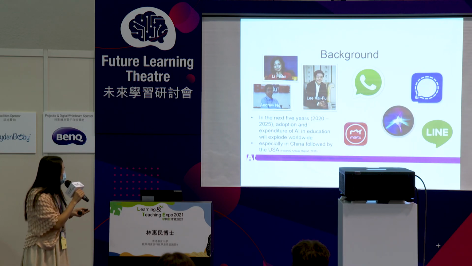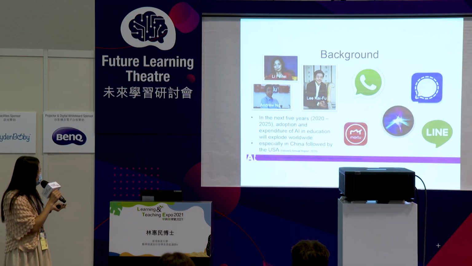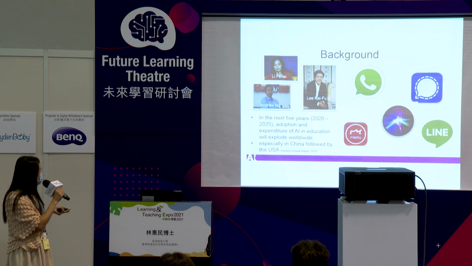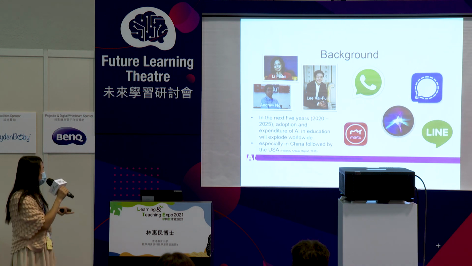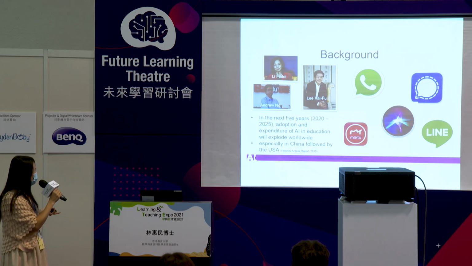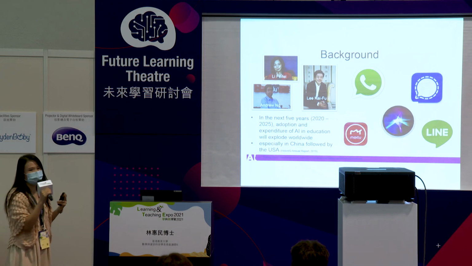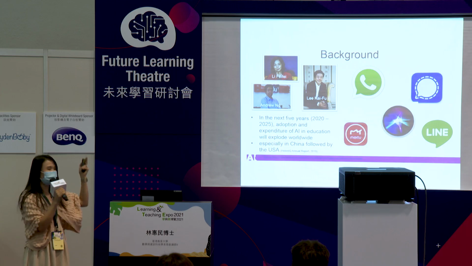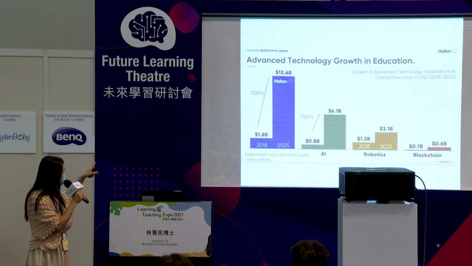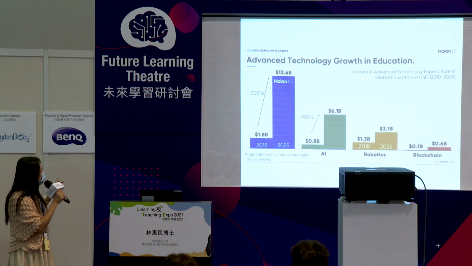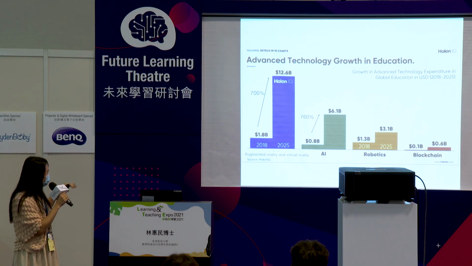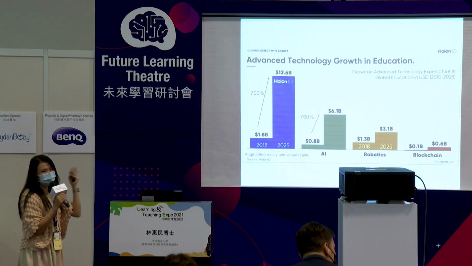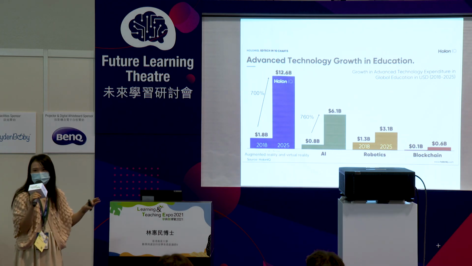And here are the data sets that we can collect, and within the next 5 years, the adoption of expenditure on AI in education is predicted to keep increasing every year. So you can see the trend. It has a great increase in terms of the money that you spend in the area.